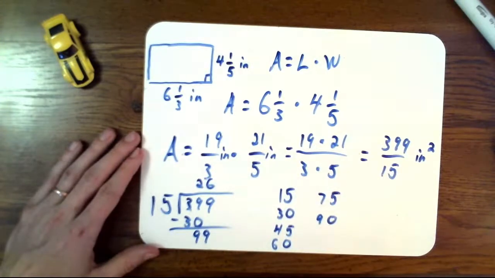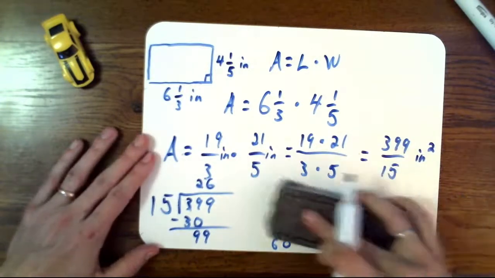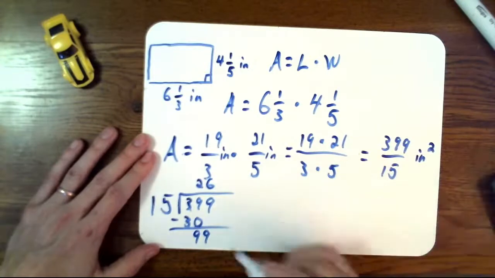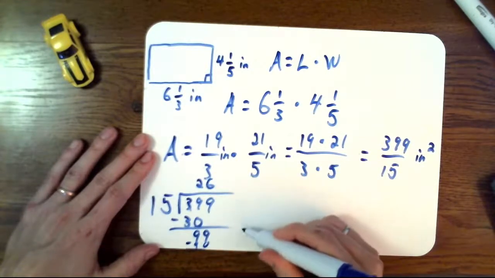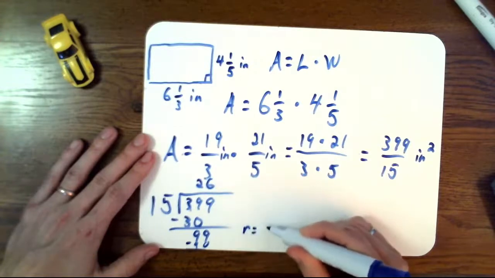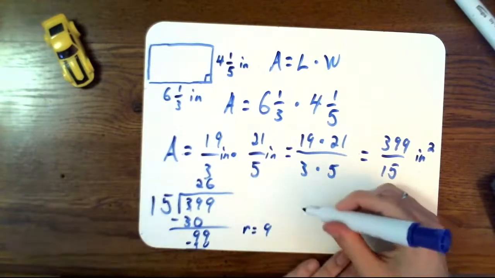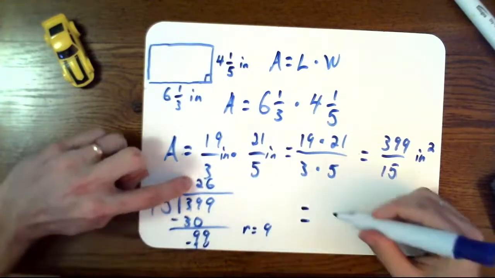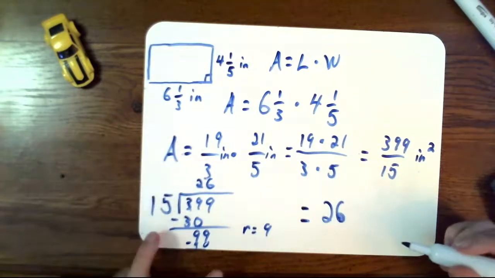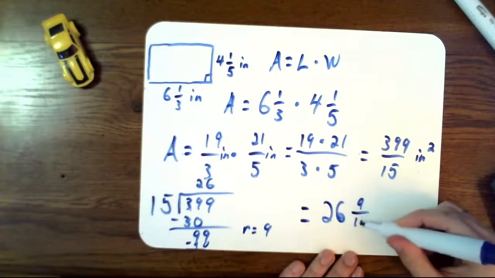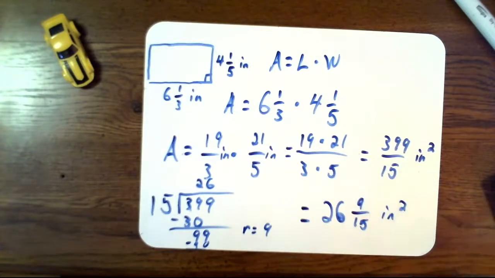It can go into it 6 times, which means we're going to take 90 off of this, minus 90. We're going to have a remainder of 9, and now we have 26 wholes and 9 over 15 inches squared. So we're not done quite yet, because we can reduce this to lower terms.